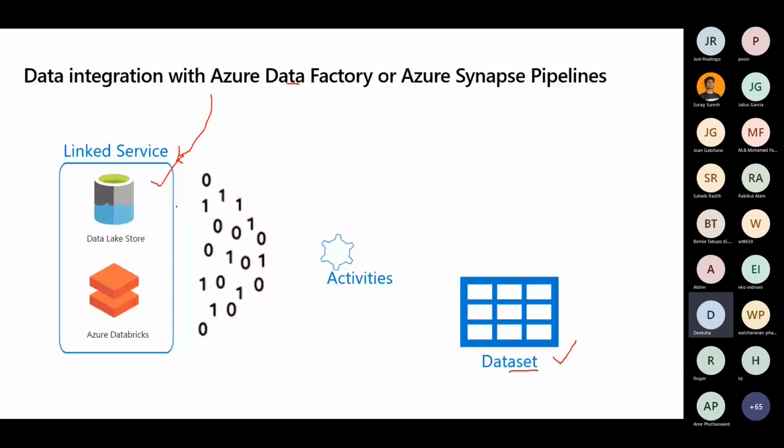So what exactly you want to perform on your data, for example, I want to simply copy it. Accordingly you can use one or more than one activity. For example, I want to copy my data from storage to SQL and then execute a stored procedure. So this is two activities: one is copying the data and second is running your stored procedure.